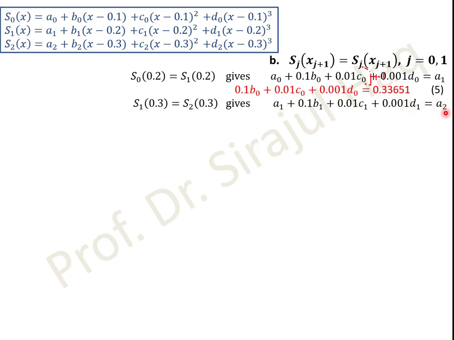Since the values of A2 and A1 are known, we computed them at the beginning, when we substitute these values we end up with equation number 6. So 0.1 B1, 0.01 C1 and 0.001 D1 is equal to A2 minus A1, which is given by this quantity, which is equation number 6. This was continuity of the spline. Now let's go for continuity.